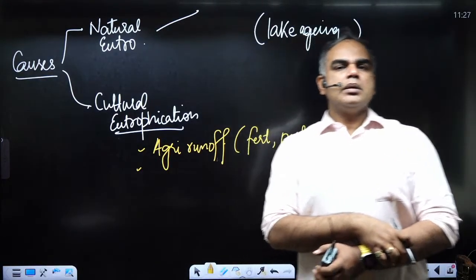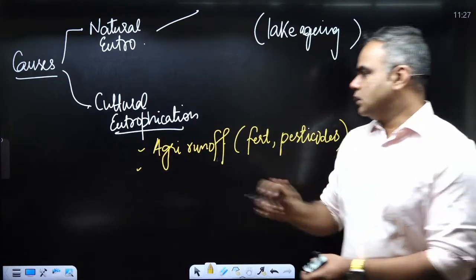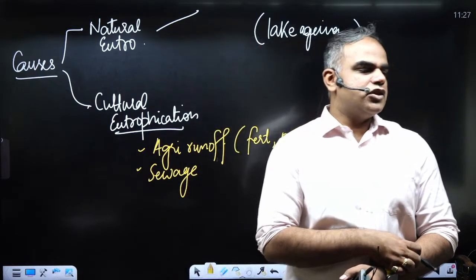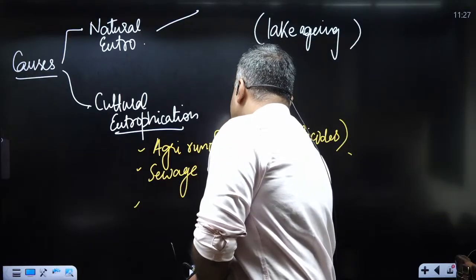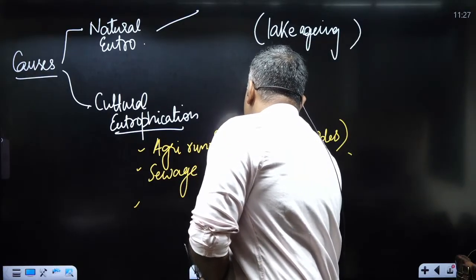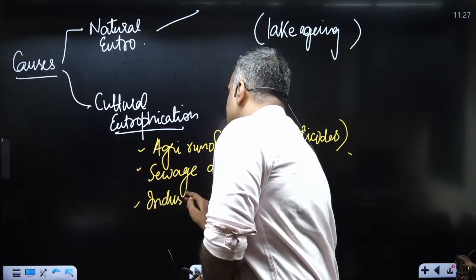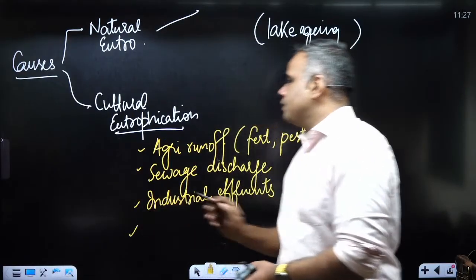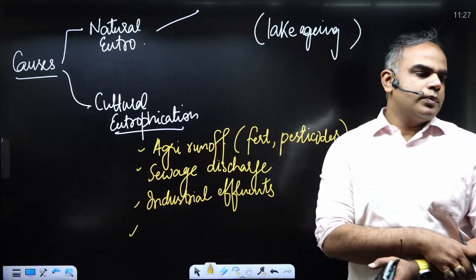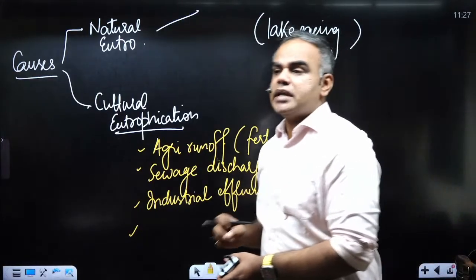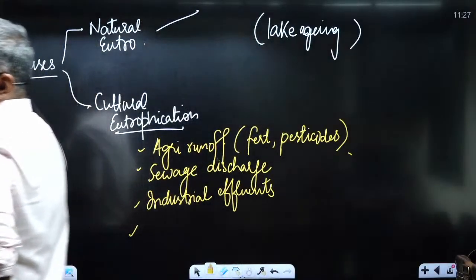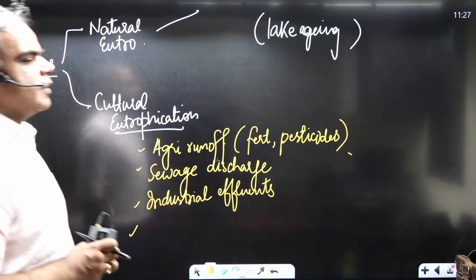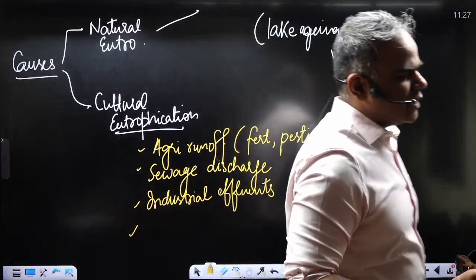Second is sewage discharge. Third is industrial effluents. You'll understand all of these are man-made. And last important point is detergents containing phosphates. This is also one of the main reasons for Yamuna. Not the only reason, but one of the main reasons.